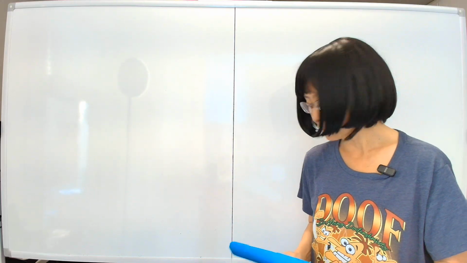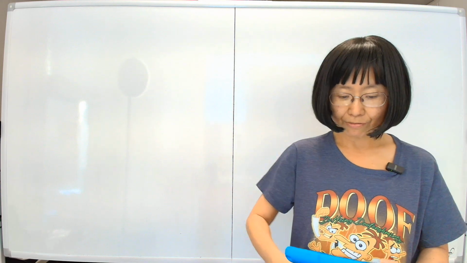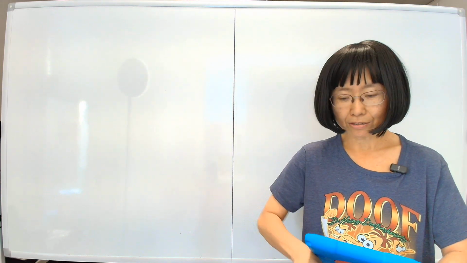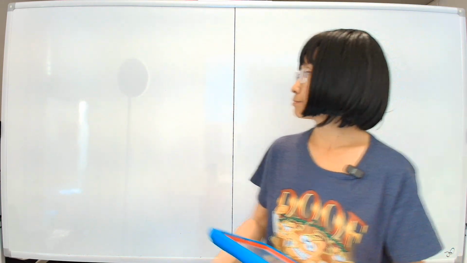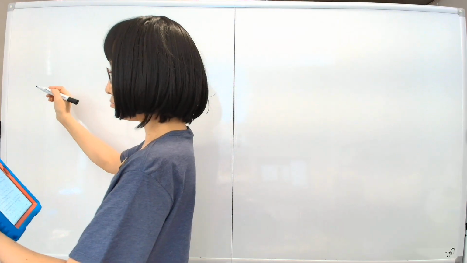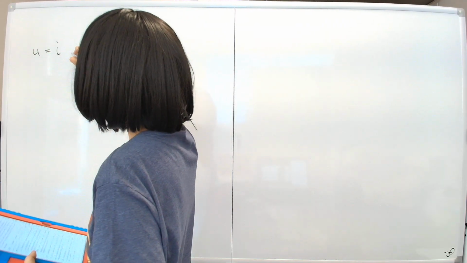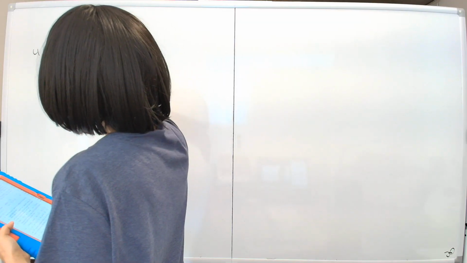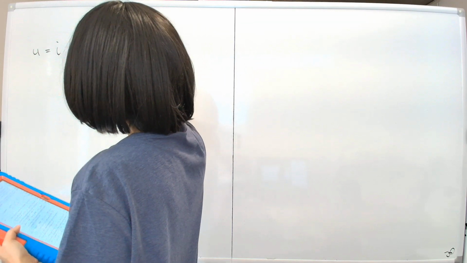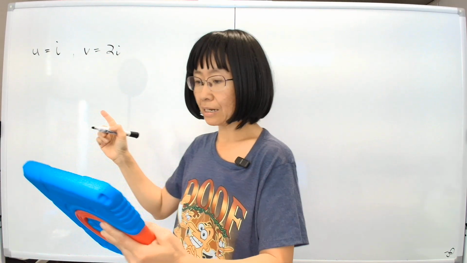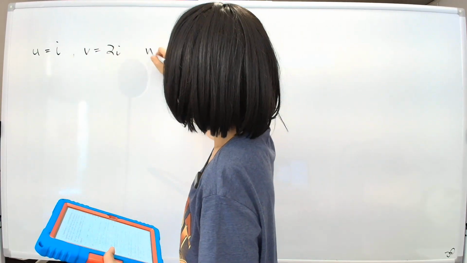And I'll show you why that is right now. For example, let's say u equals i, and then v equals 2i, and then let's say w equals j.